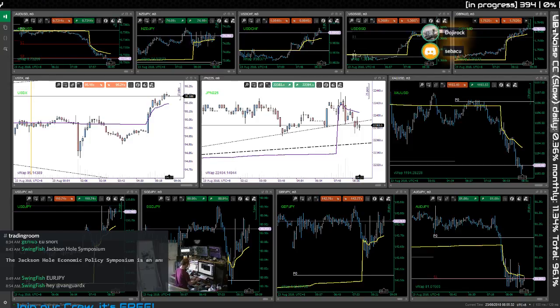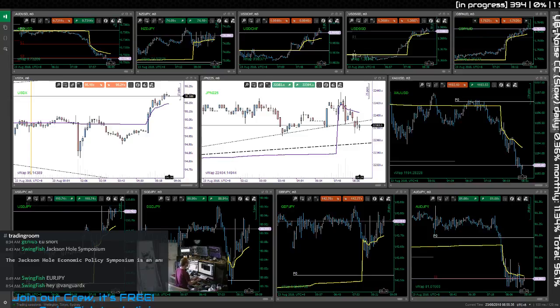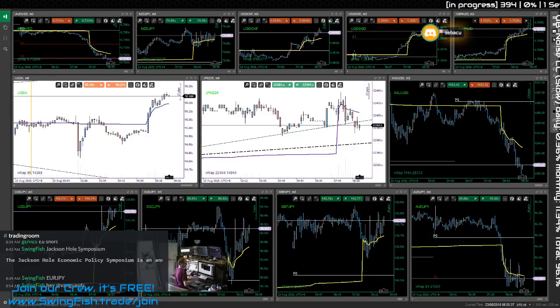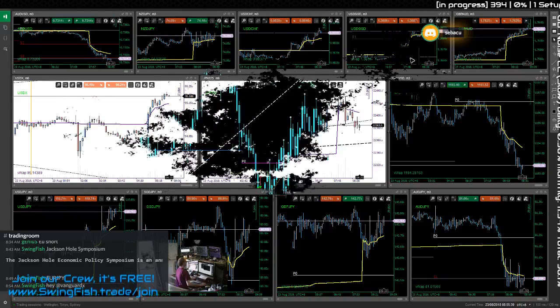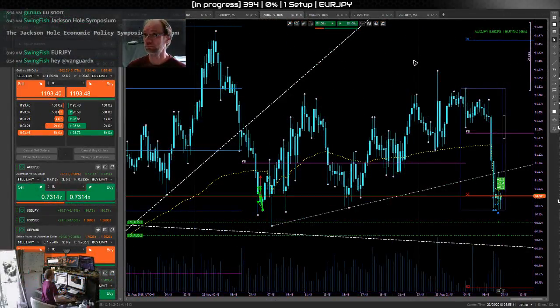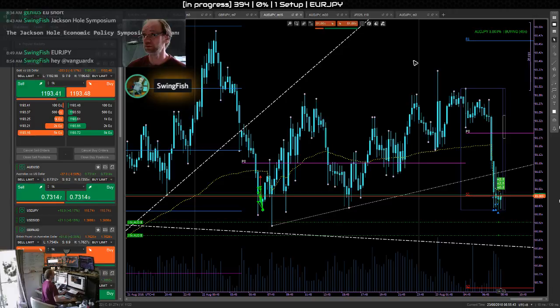The hour, you should see something happen. Euro yen, it's inside moving support area. Yeah, the resistance is not far.